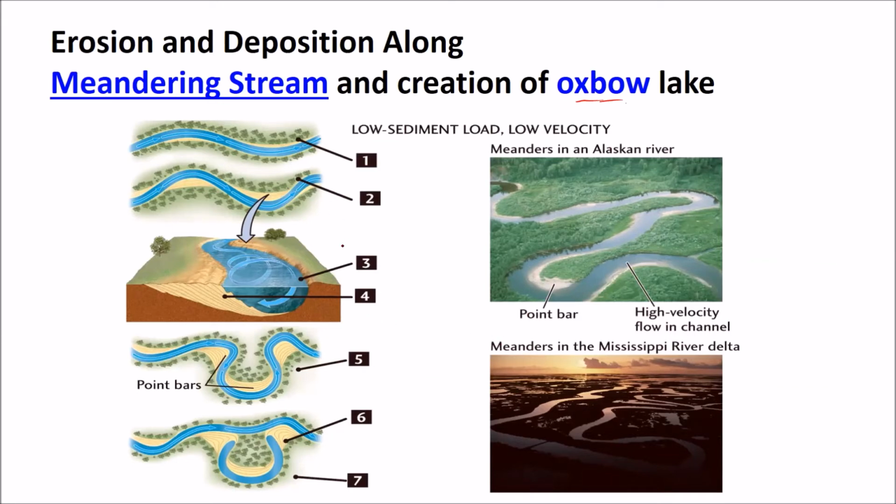Later I will show you a better picture of the oxbow lake, but this figure, from steps 1 to 7, shows the process of how meandering occurs. That means the change in the direction of rivers.